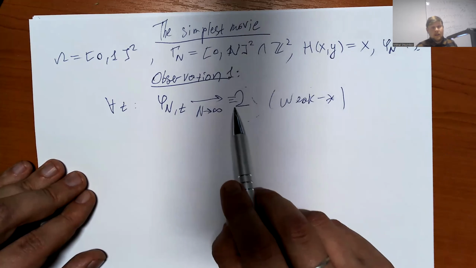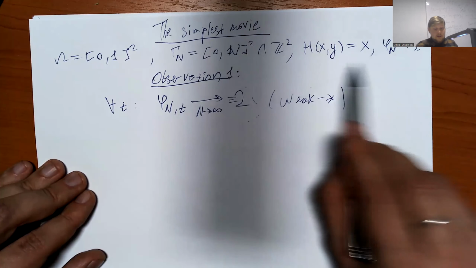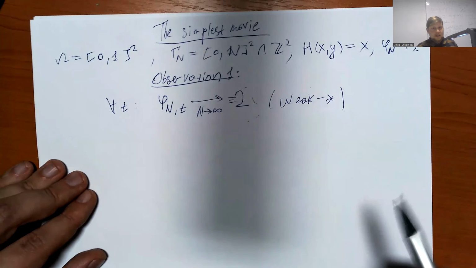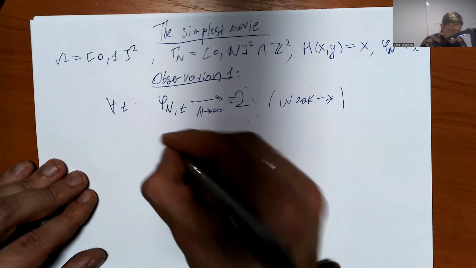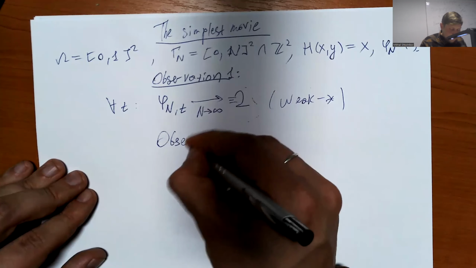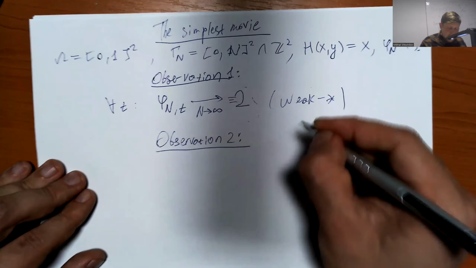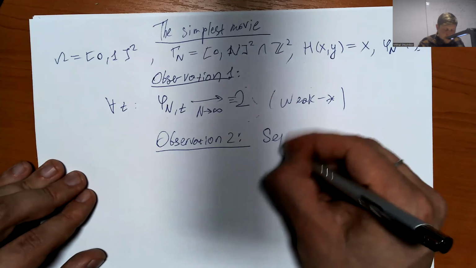You start getting the fractals again. So this is more a consequence of linearity of physics. And now I want to do something else. This is the second observation, which goes under the slogan, separate colors.